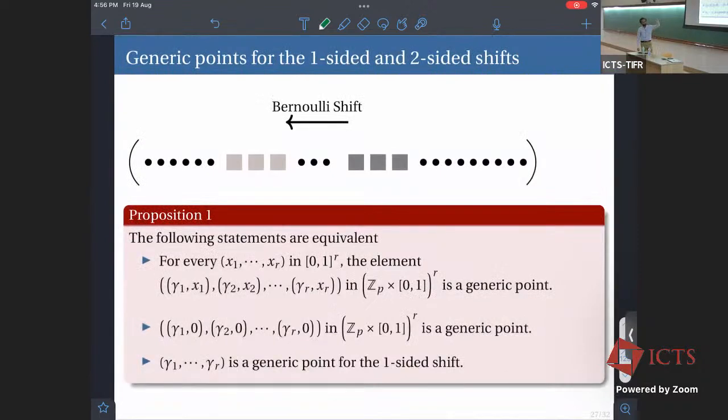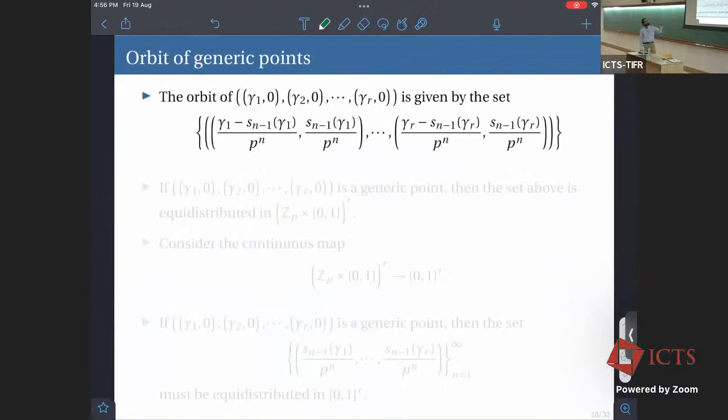Okay, so again, we want to establish some relation on [0,1] using some information about ZP, and this intermediate space is ZP cross [0,1]. And then notice that if you look at this point gamma 1, comma 0, gamma 2, comma 0, dot dot dot, gamma r, comma 0, and then you look at the orbit of this point, then the set that you get is something in ZP.